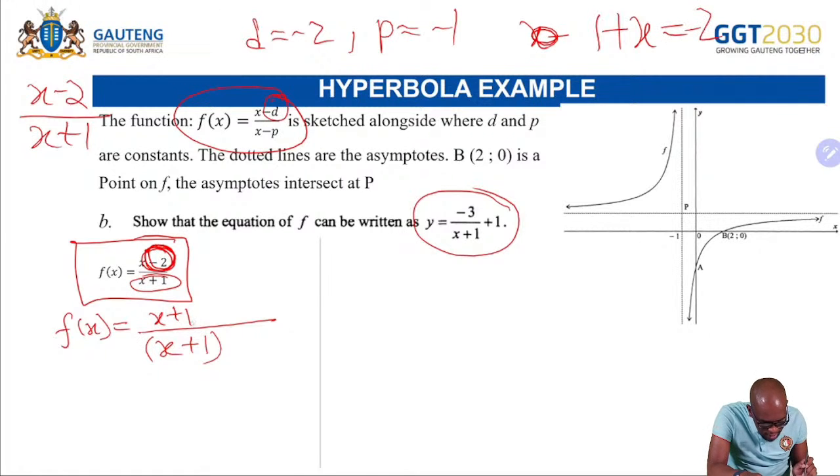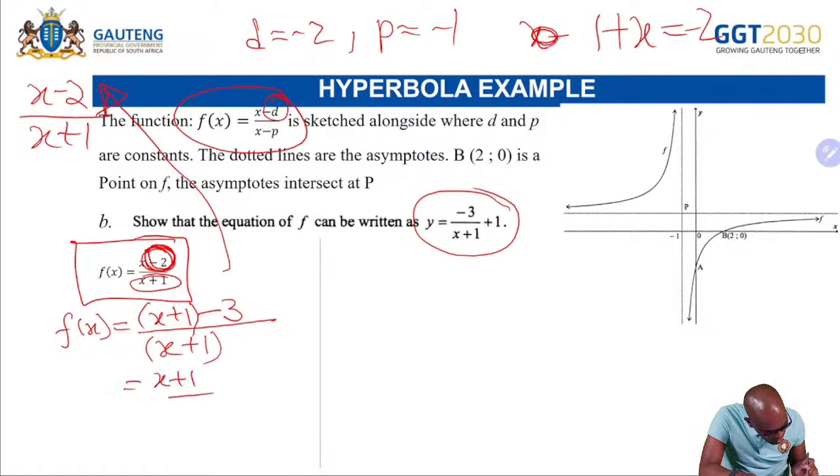So what you can do is subtract 3. So what happens? x plus 1 minus 3 takes you back to x minus 2. So because of that, I will now do this: x plus 1 divided by x plus 1. I will say this is now my common denominator.